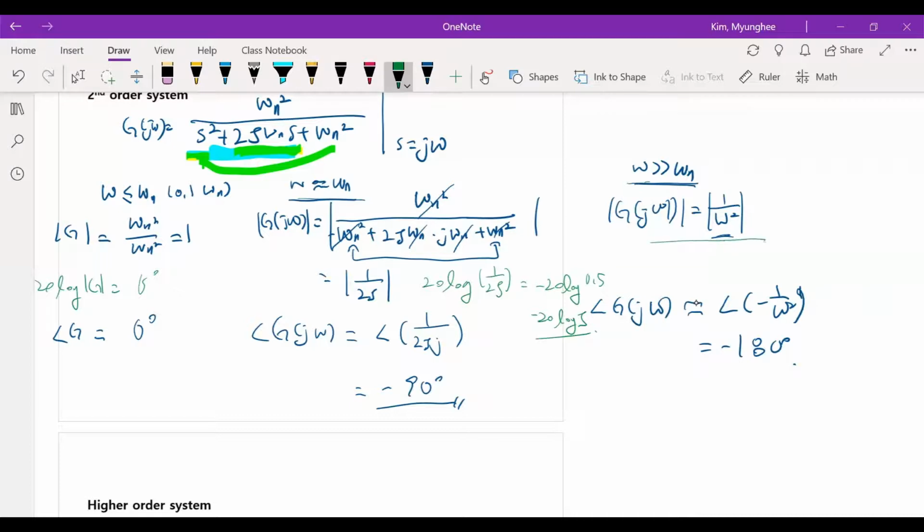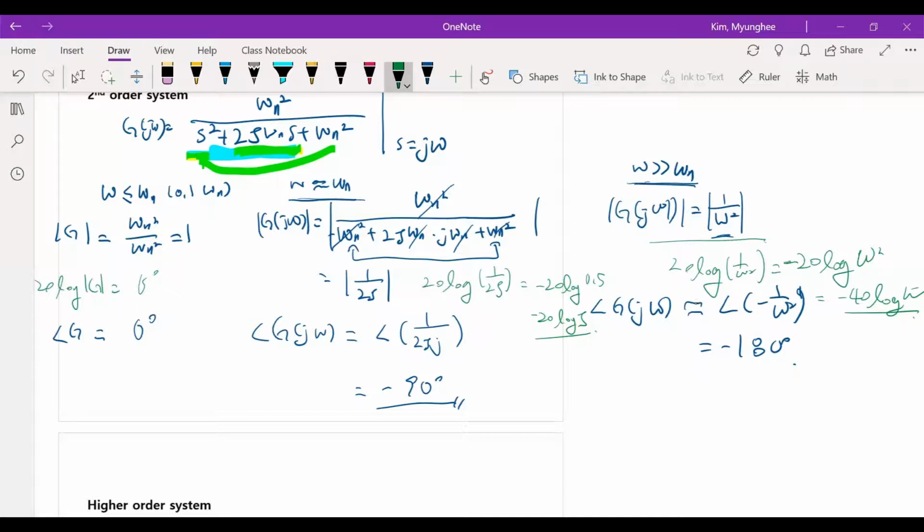And for here, 20 log of 1/ω square becomes minus 20 log ω square, becomes negative 40 log ω. So this makes negative 40 decibel decrease per decade.